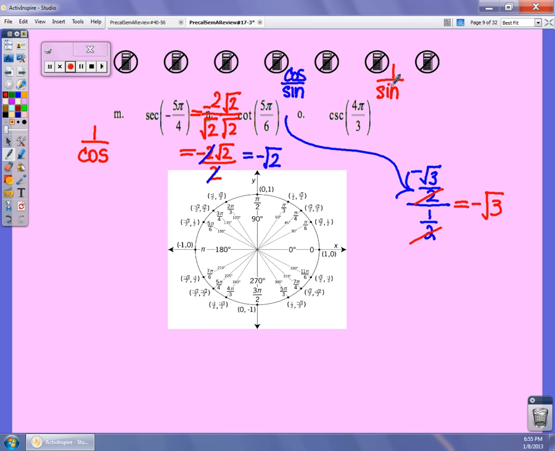Our sine value there is negative square root of 3 over 2. And we want the reciprocal of that. So that's going to be equal to negative 2 over square root of 3. Again, rationalize. And we end up with negative 2 square root of 3 over 3.